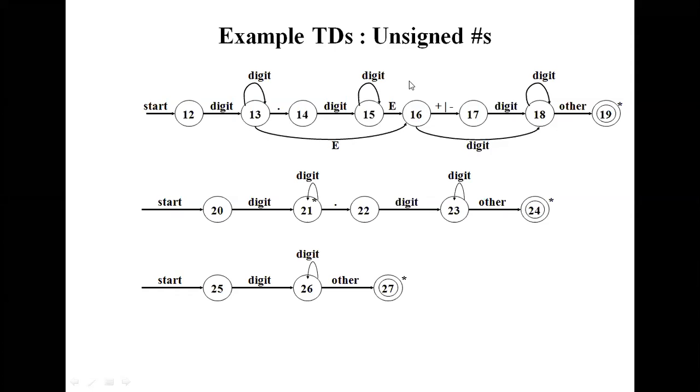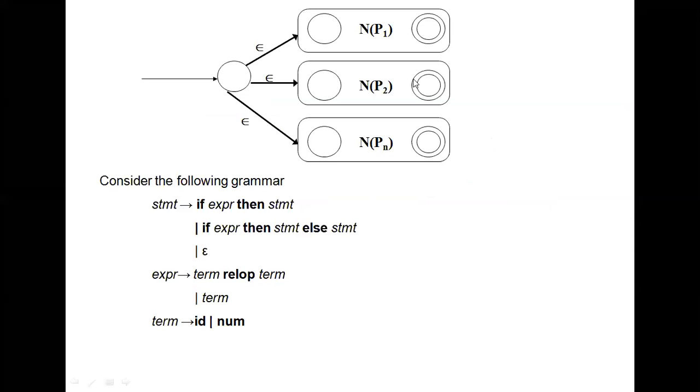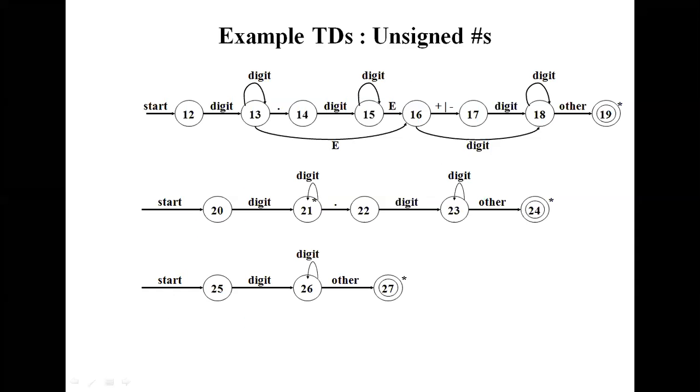This concept is already learned in formal language and automata theory, how to represent the transition diagrams and what the do's are that we need to follow for representing them. What is the need of using these self loops? Self in the sense, for example, digit whole star. For example, my input is in the form of the specification that I am using in the form of a regular expression. And here the regular expression is digit plus digit whole star.